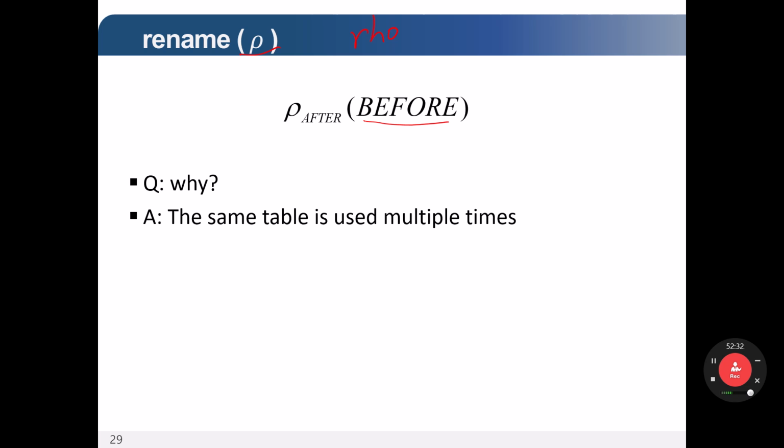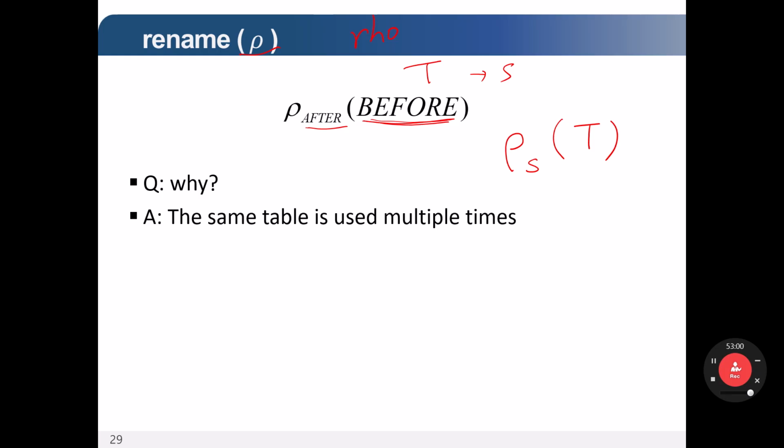Table can be renamed, also attributes can be renamed. So before, suppose table T existed, and somehow you want to change the name of the table T. If you want to change T to S, you write it like rho subscript S with T inside the parentheses.